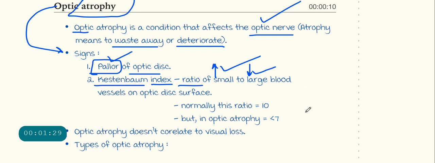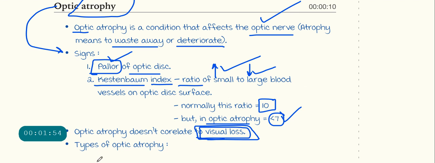What is the normal ratio? It is 10. And in optic atrophy it gets less than 7. This ratio becomes less than 7. The optic atrophy doesn't correlate to visual loss. So there is no visual loss in optic atrophy because it is partially damaged or partially wasted.